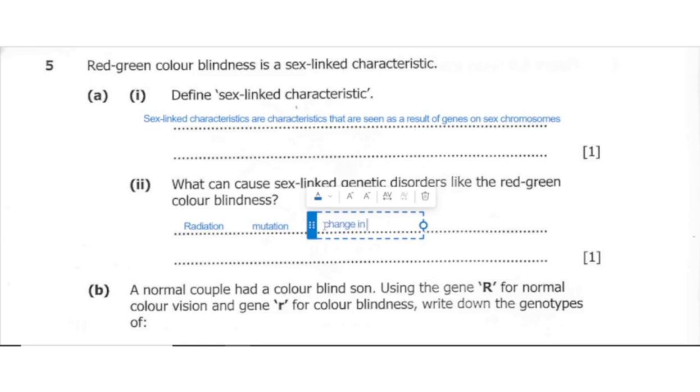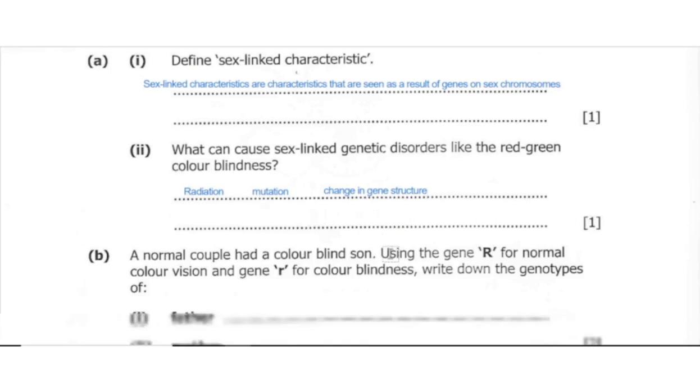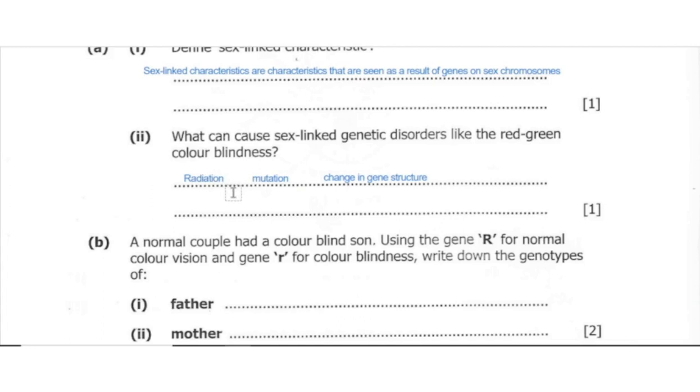The change in gene structure could be sudden. Basically, these are the causes of sex-linked genetic disorders. Since they want one, you can pick one of the three and write it. If you write radiation, the answer will be correct. Mutation, same, and this one is also correct.